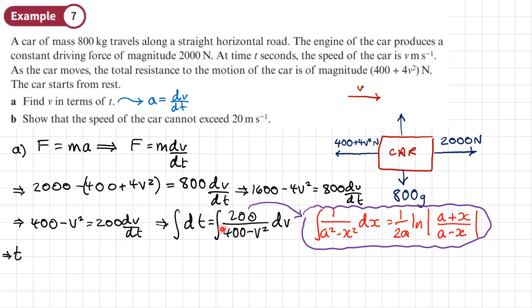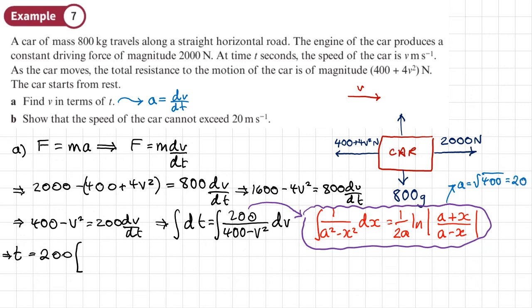So the right hand side, I can take the 200 over, so it becomes 1 over here, and then I can just apply this result. So it'll be equal to 200, so that's my constant moved over, and then using this rule here, I will have my a is equal to the square root of 400, which is 20. That's nice.